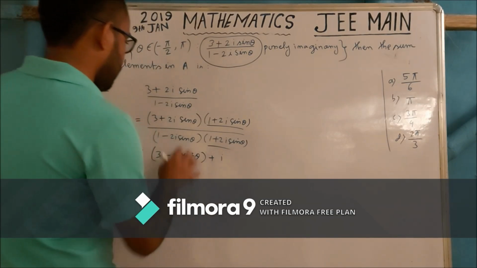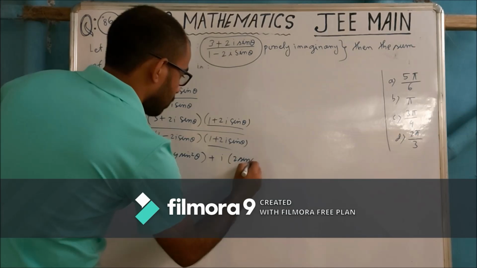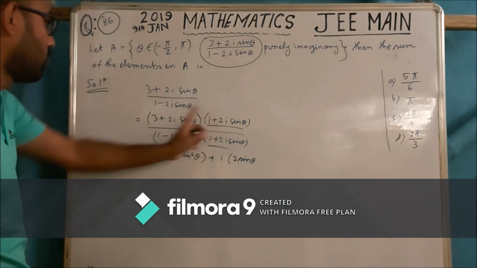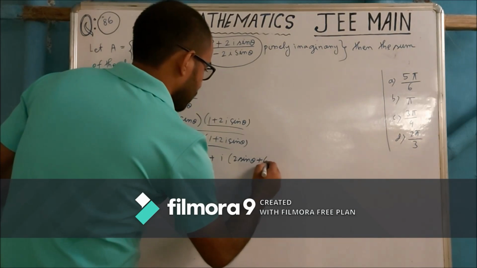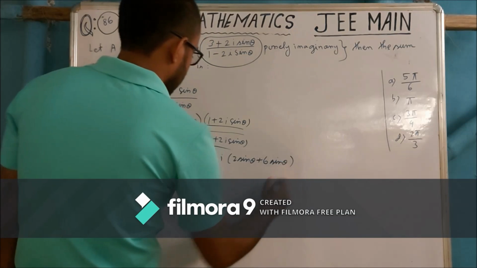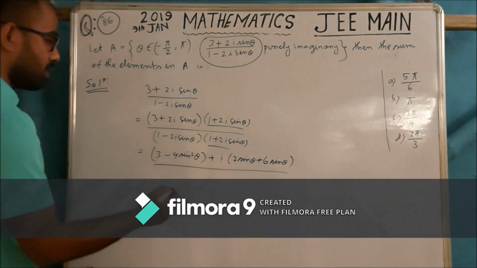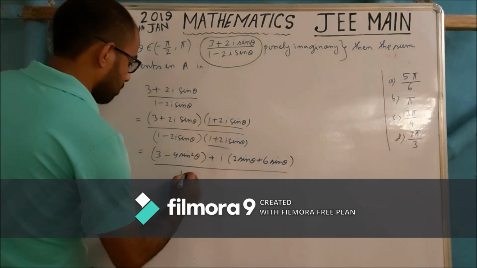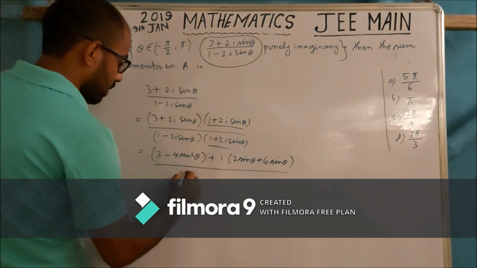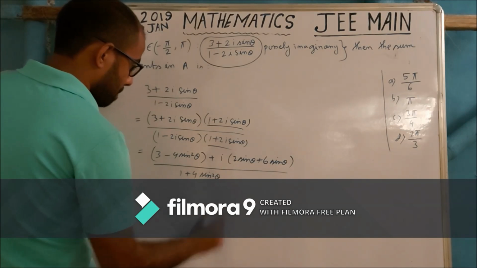Then 2 sin theta into 1, 2 sin theta, plus 3 into 2, 6 sin theta. The denominator by a square minus b square, that means 1 minus 4 i square, equal to minus 1, we know, that means 4 sin square theta.